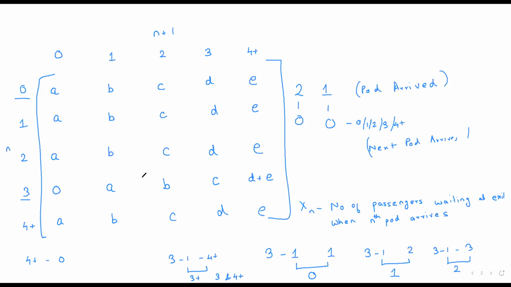And so the probabilities would be similar, as you will see in the case of 0, 1, 2, or 4 plus. The pod arrived, there were different passengers, but as soon as that particular pod leaves, they're left with 0 passengers. So the development will be at a similar pace. So this becomes A, B, C, D, E. So this is basically the transition matrix for this particular process.